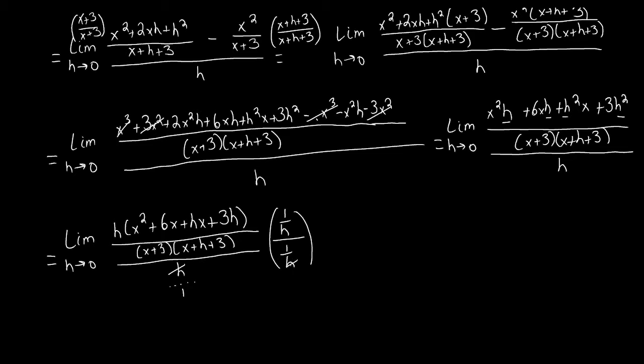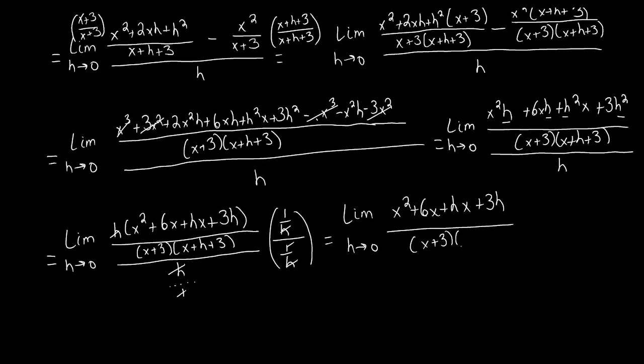Cancel out the h's there. The 1's go away. But then this h can divide away with this h because they're both factors of division and multiplication in their own right. So we have the limit, as h approaches 0, of our numerator that's left, x squared plus 6x plus hx plus 3h over x plus 3 times x plus h plus 3.